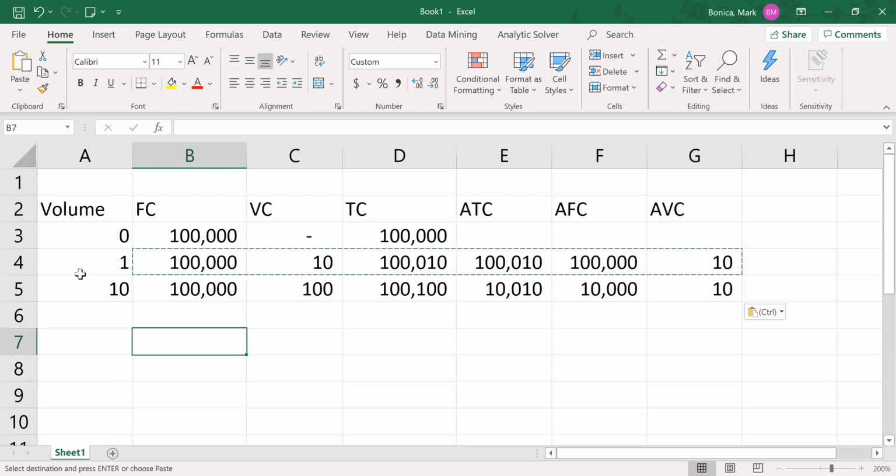So when we go from doing 0 to 1, we go from $100,000 to $100,010. When we go up to 10 tests, we still have a fixed cost of 100,000, but we now have variable costs of 100. So our total cost is 100,100. Our average total cost is going to be 100,100 divided by 10, the volume. That gives us an average cost of $10,010 per test.